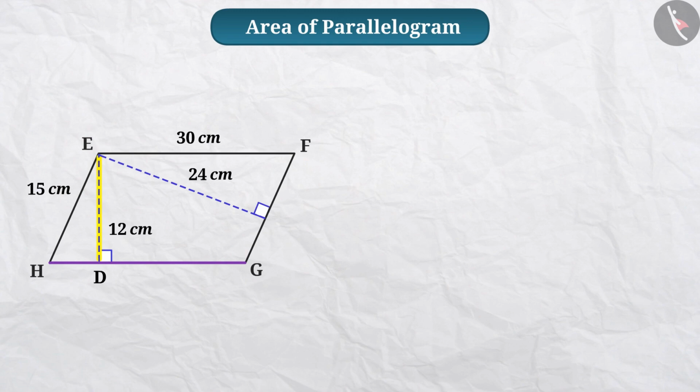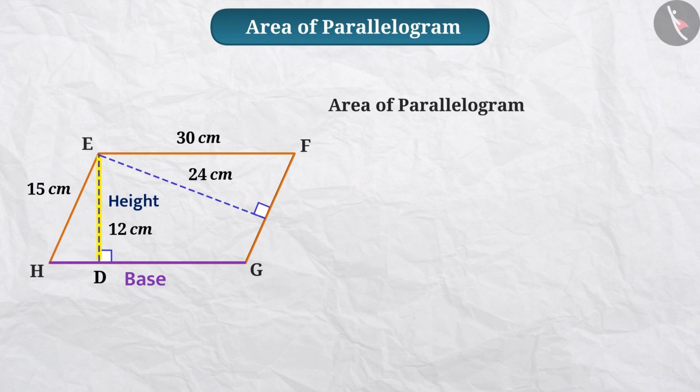If we consider side HG of parallelogram EFGH as base and perpendicular ED as height, then we get area of parallelogram as HG multiplied by ED is equal to 30 cm multiplied by 12 cm is equal to 360 square centimeter.